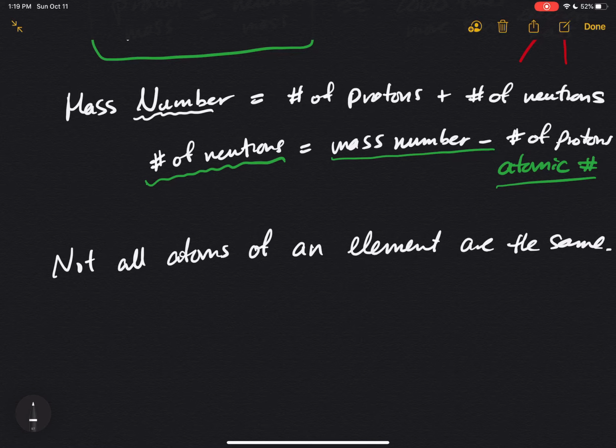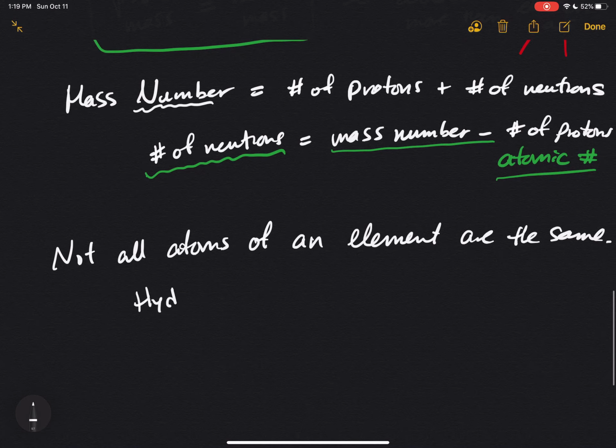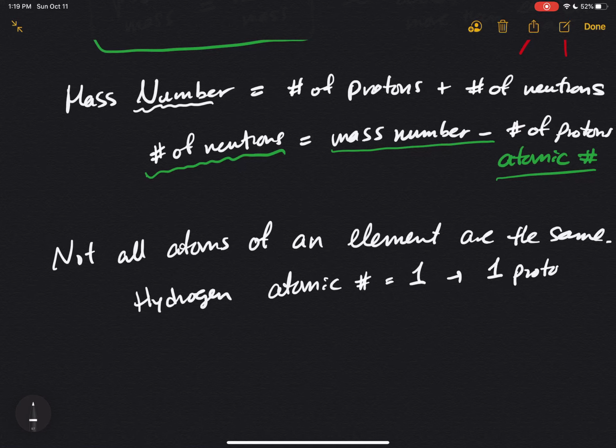We've already said that every atom of a single element has the same number of protons, and that is always true. So if we take a look at hydrogen, and we look at the periodic table, the atomic number is going to be equal to 1, which means we have 1 proton. Always. Always, always, always.